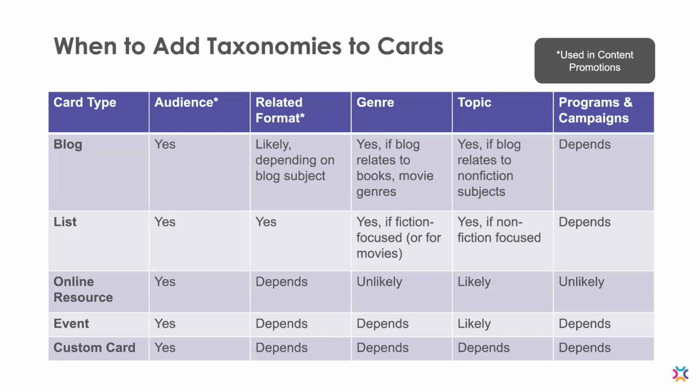Genres, if it relates to books and movies, topic, if it's nonfiction, so the AI blog could have the taxonomy of tech or computers. So I basically just kind of built this table to help give you just like a quick overview of like, am I doing this right? Am I doing what I think is going to work for taxonomies? So hopefully this helps.